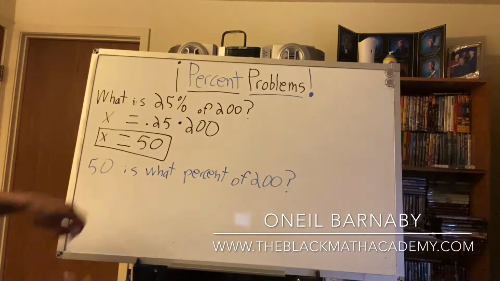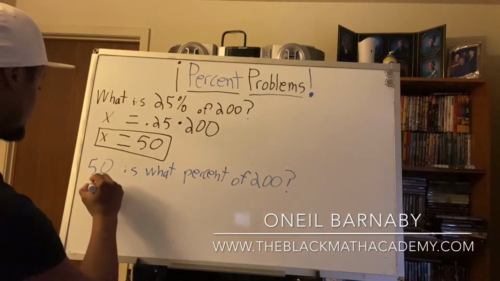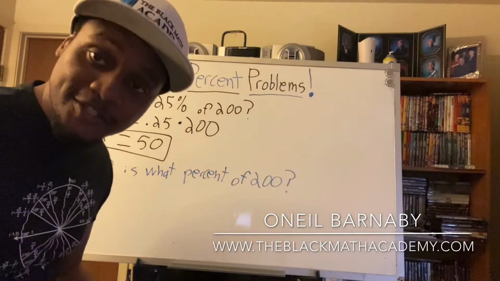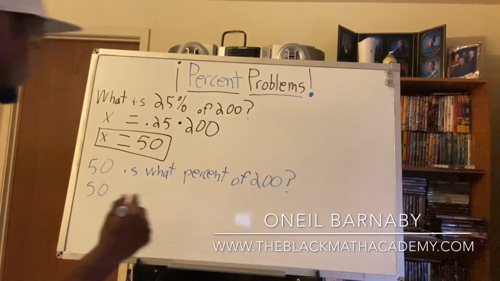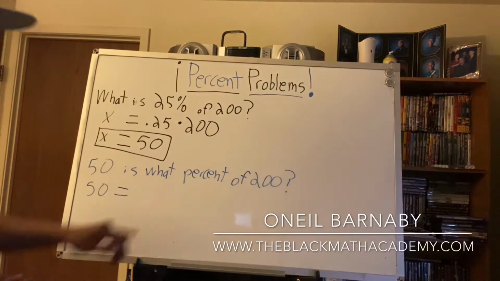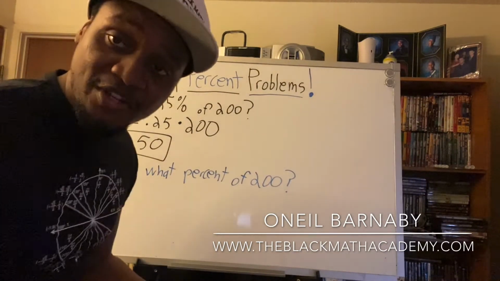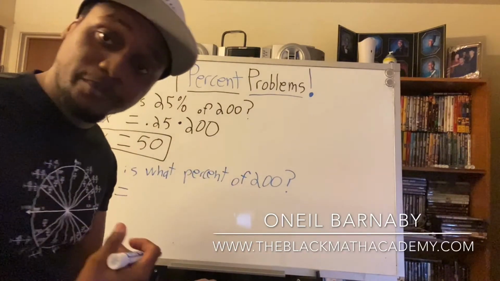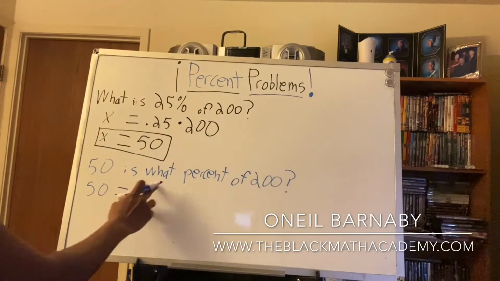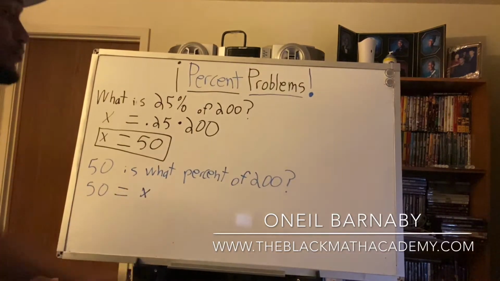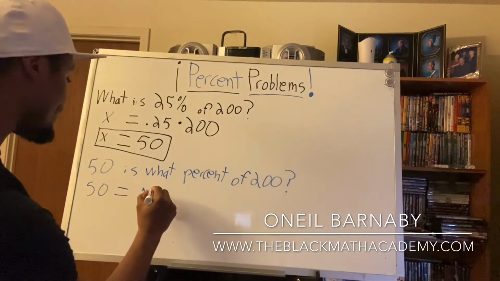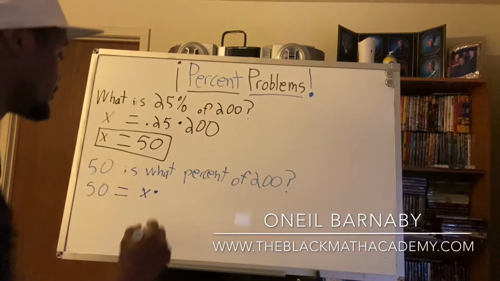So 50, that's just a number, so 50 comes along for the ride. Is: the phrase is means equals. What percent, that's something we don't know. So anything you don't know in mathematics, you call it your variable. We'll call it x for now. What percent of: the word of literally means multiply, 200.